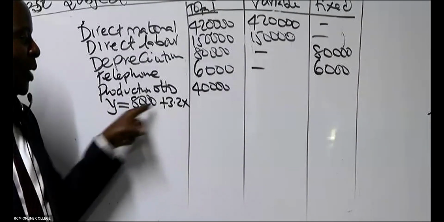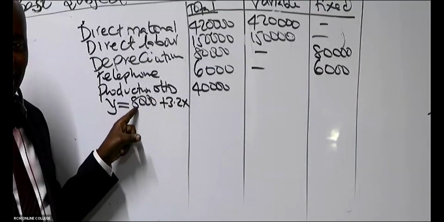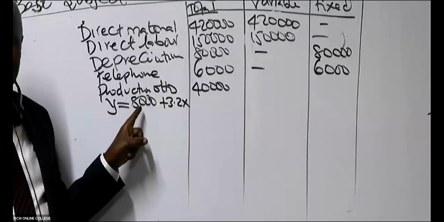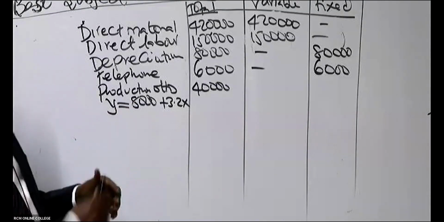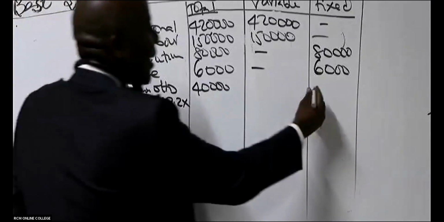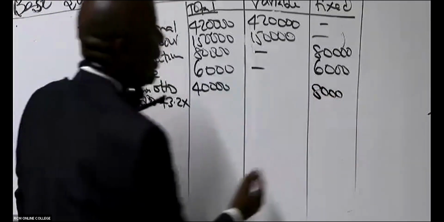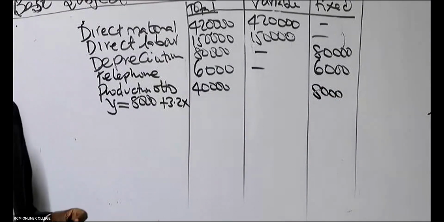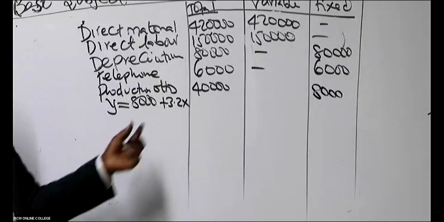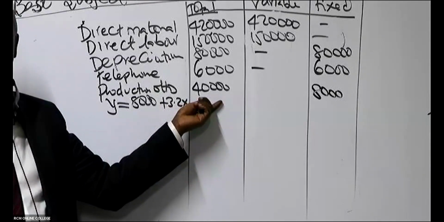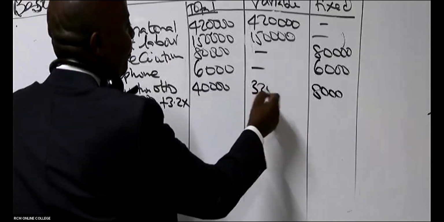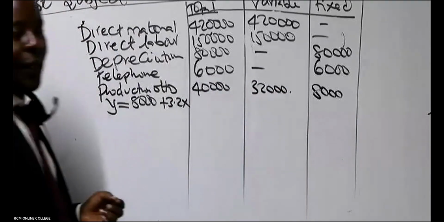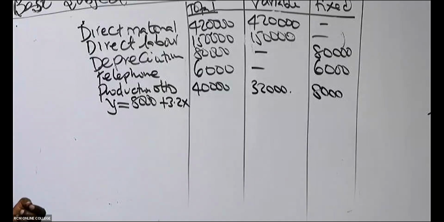So from this equation, is there somebody who is able to pick the fixed cost? Fixed cost is 8,000, yes. So you pick this 8,000, put it here. If 8,000 is fixed, then what will be the variable? Because it has to balance to 40,000. So 40,000 minus 8,000 is 32,000. The students were able to pick that very fast.